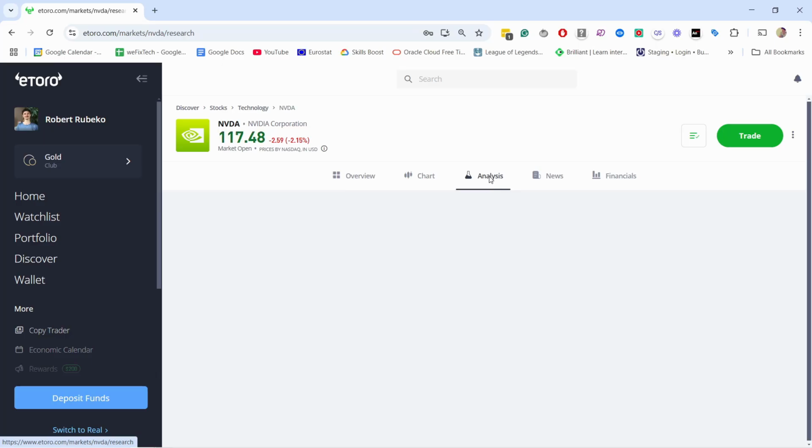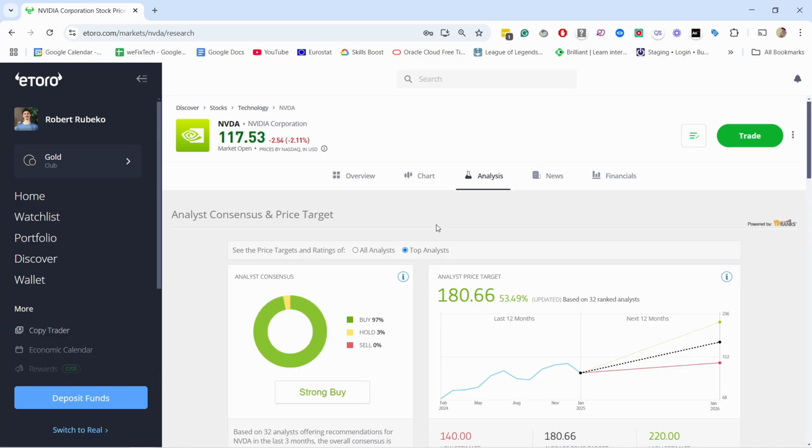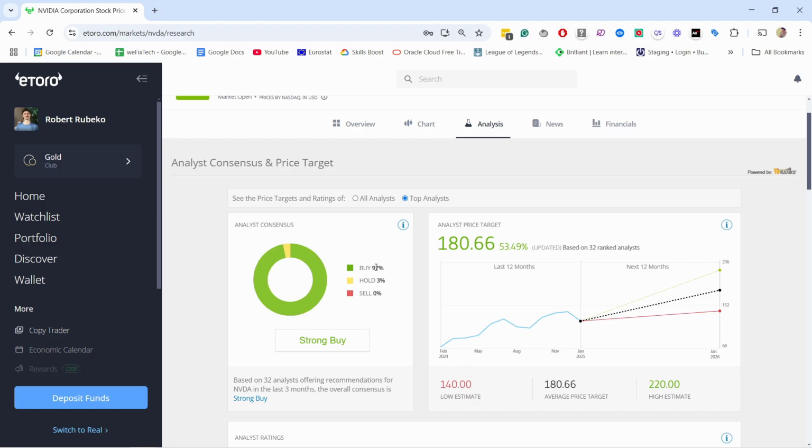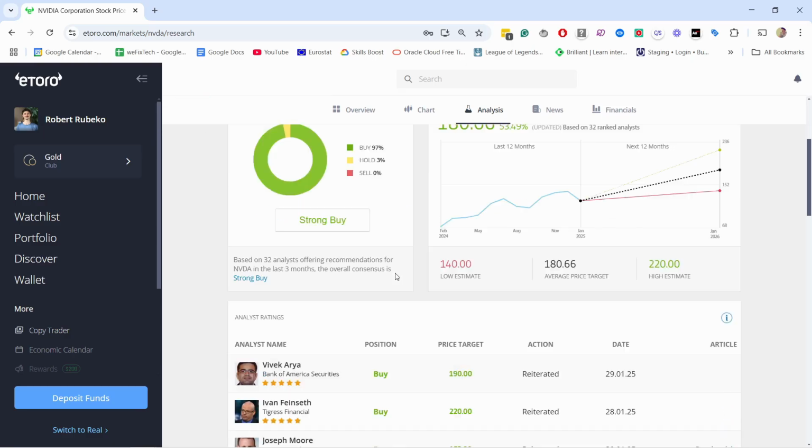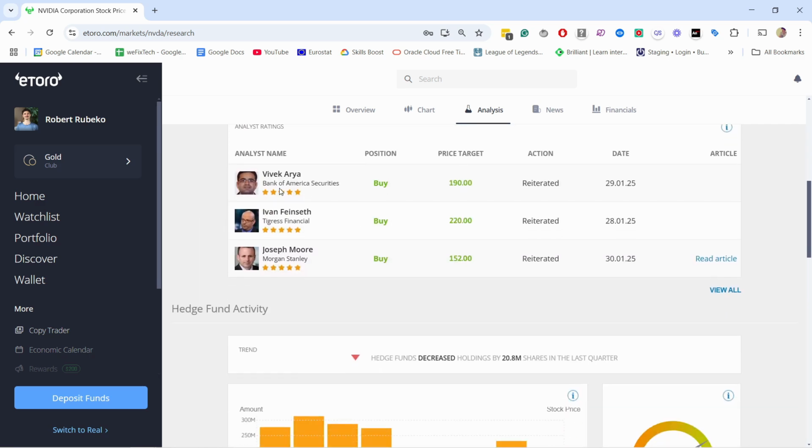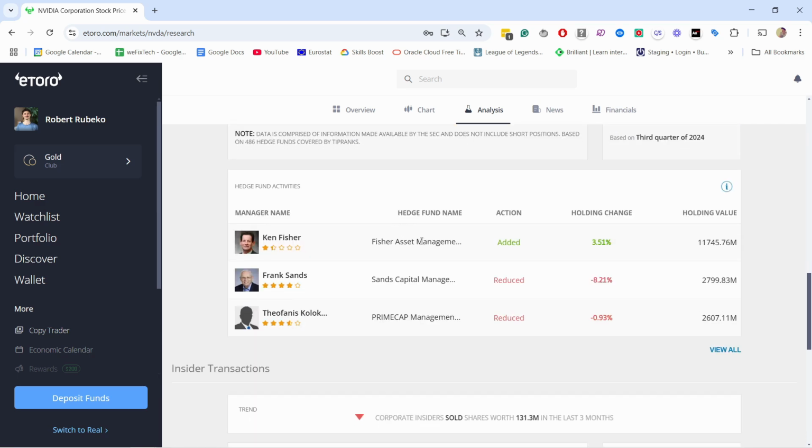And then you have also analysis. So for analysis, it just helps you to decide if you want to buy this or not. For example, analysts are saying about 97% of them are saying just buy it because, you know, it's hot right now. Although it just kind of had a big dip here, and I'm not sure why everybody's still saying to buy it. But in any case, here you can go through. You can even read what people are saying about it.